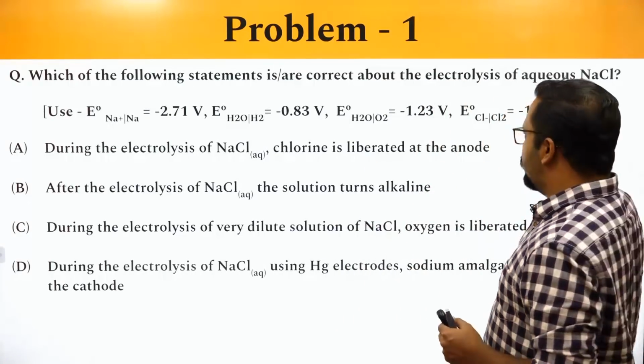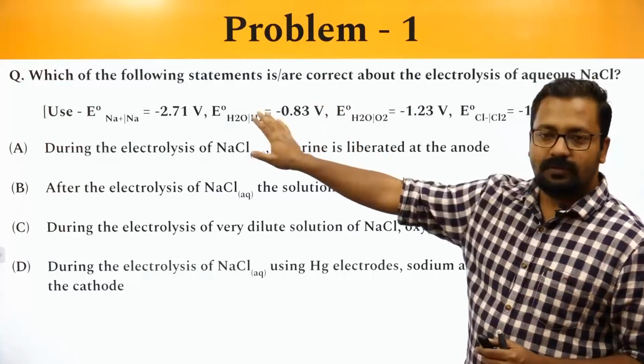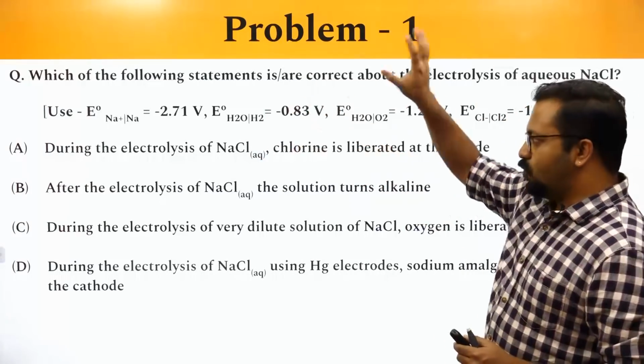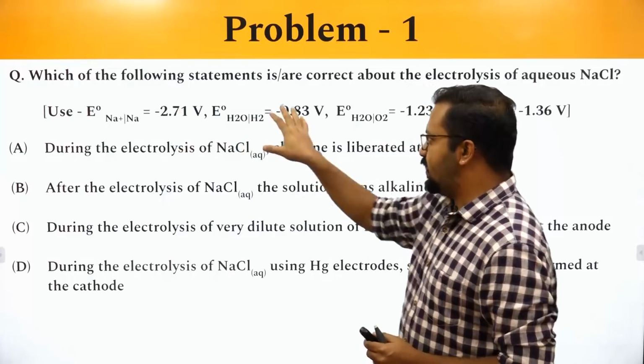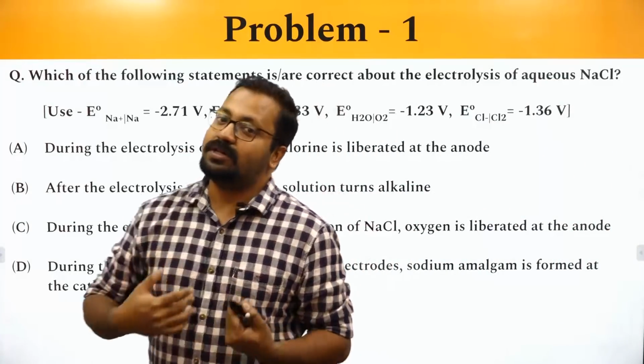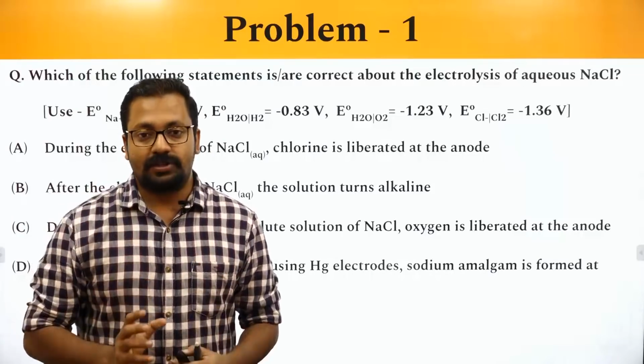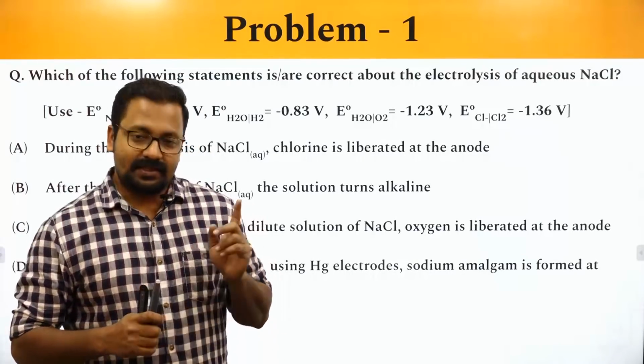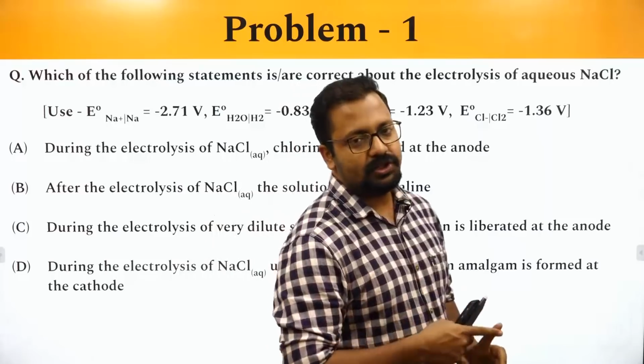So if we look at this scenario, then we have to compare, like all these values are negative. So we have to consider the least positive delta G value. This is the first factor, that is discharge potential.